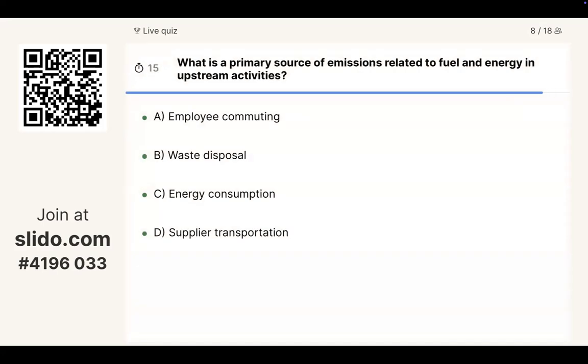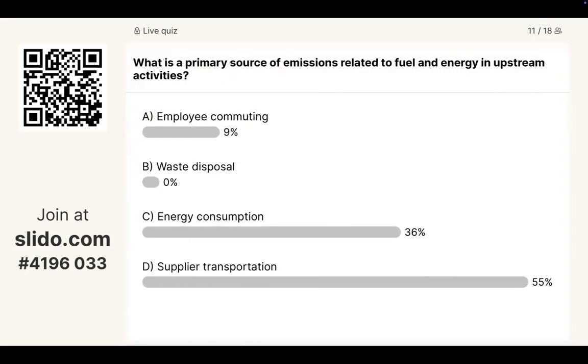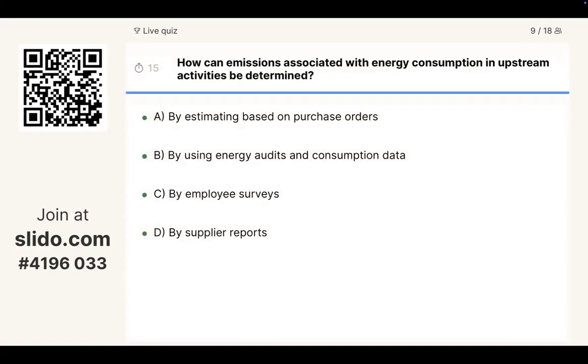What is the primary source of emissions related to fuel and energy in upstream activity? The correct answer is energy consumption. Emission related to fuel and energy in upstream activity is going to be energy consumption.